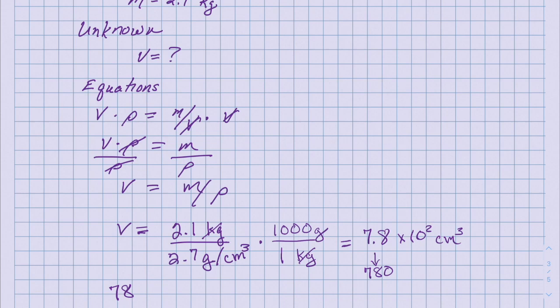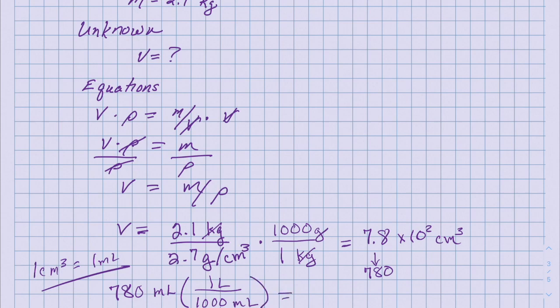Let's just convert it to liters because most people have a better perspective on liters. 780 cubic centimeters, of course, is 780 milliliters, because 1 cubic centimeter is equal to 1 milliliter. And we know there are 1,000 milliliters in 1 liter.